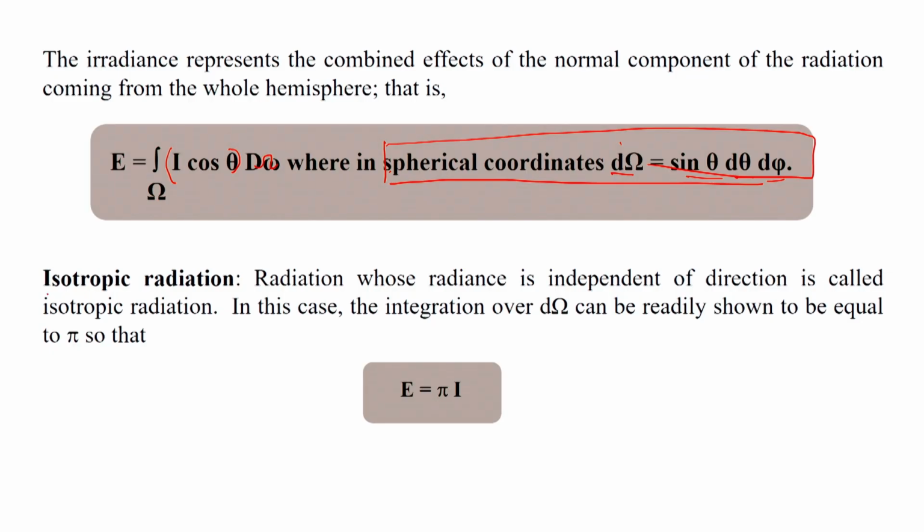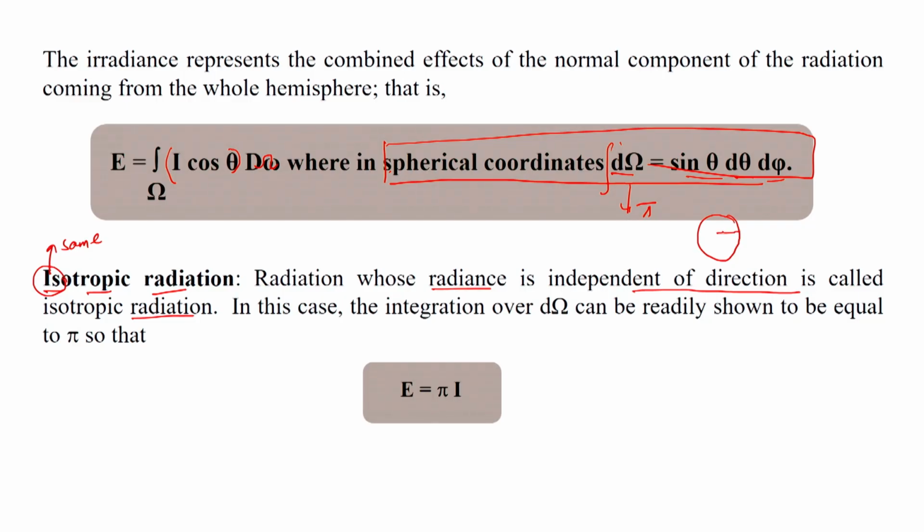Iso means same, and isotropic means same radiation, you can say. So radiation whose radiance is independent of direction is called isotropic radiation. In that case, if you integrate this function, you will get pi, okay, you will have kind of a complete circle.